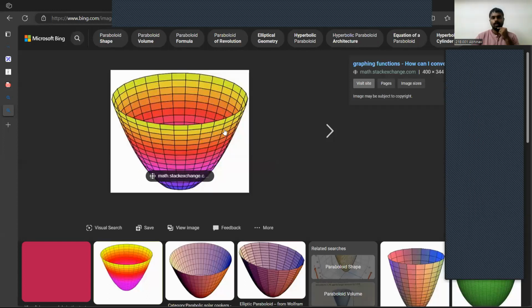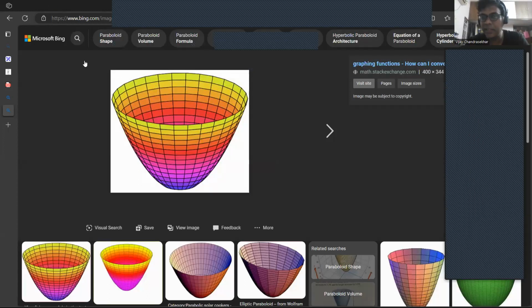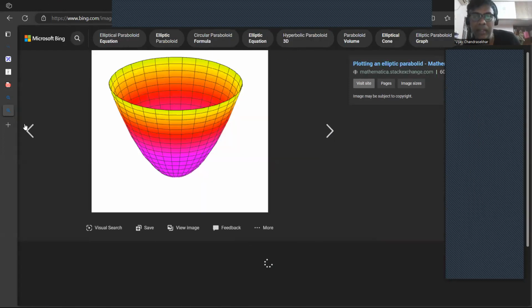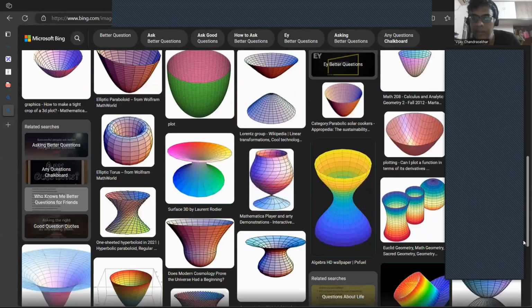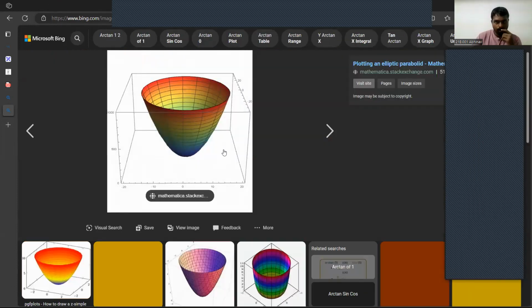Something kind of like this, exactly. But you need an axis. Just imagine there is an axis here. Now this won't work, Abhinav. Okay, this is somewhat okay.